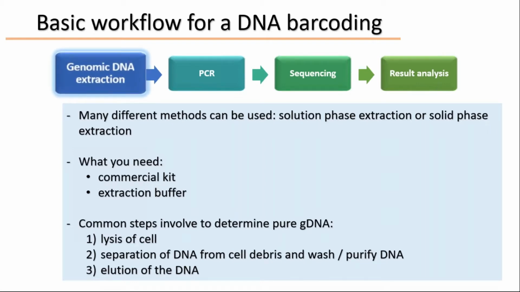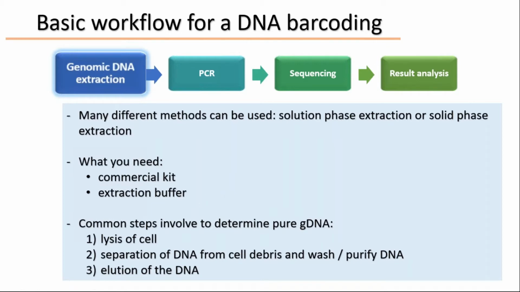So the first step is gDNA extraction. Basically there are 2 methods: solution phase extraction and solid phase extraction. For these 2 methods, what you need is a commercial kit or extraction buffer only.